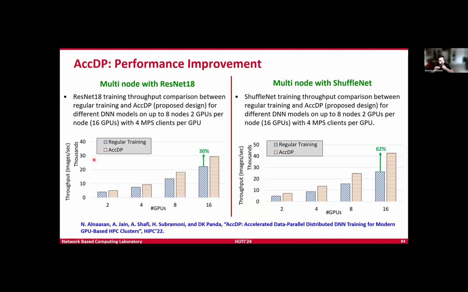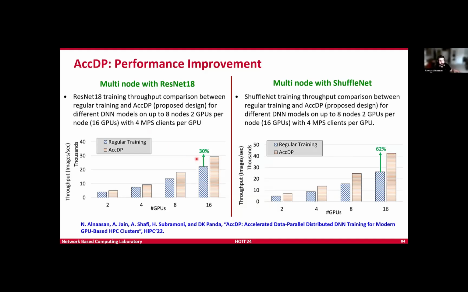And this is facilitated by the use of MPS from NVIDIA. MPS is a multi-process service that you can run on the GPU, and then you use it with MPI, with an MPI library like MVAPICH, to be able to communicate between processes within the GPU itself and across the GPUs.